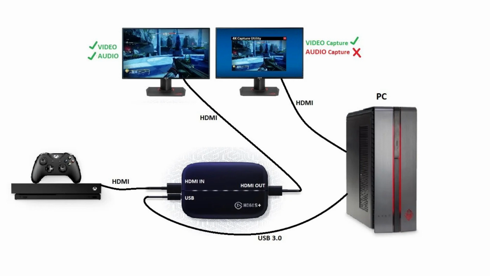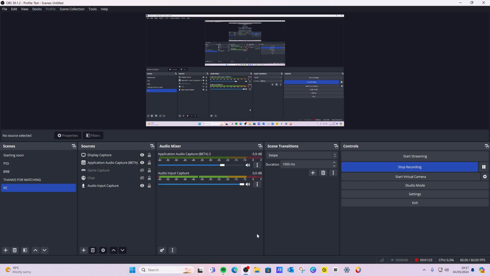There are 2 HDMI slots on it, one of which goes to your monitor, one goes to the console of choice, and the other one is a little bit like a power lead, which goes into the PC and sends the footage into the PC itself. So 3 leads in total, 2 HDMIs. It's nice and simple stuff, I promise you. I worked it out myself. It's easy.